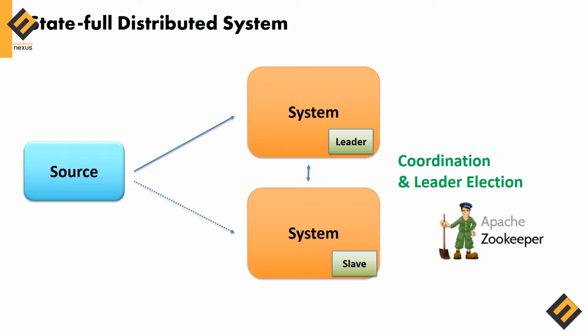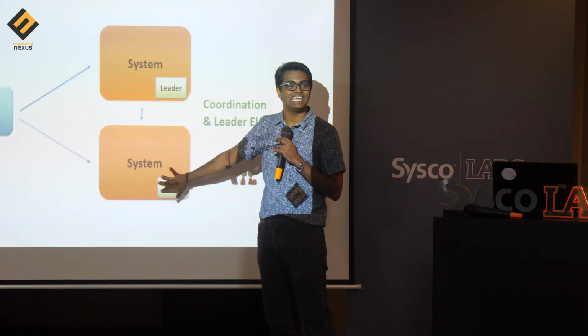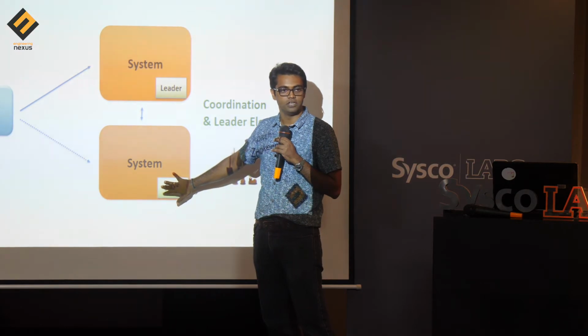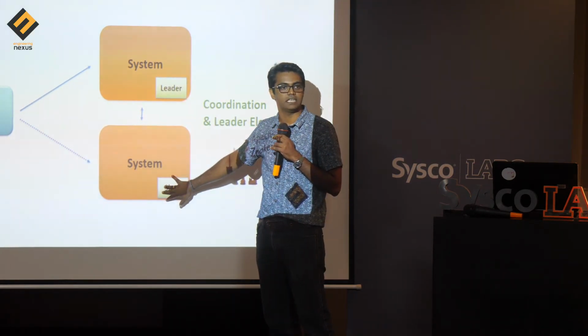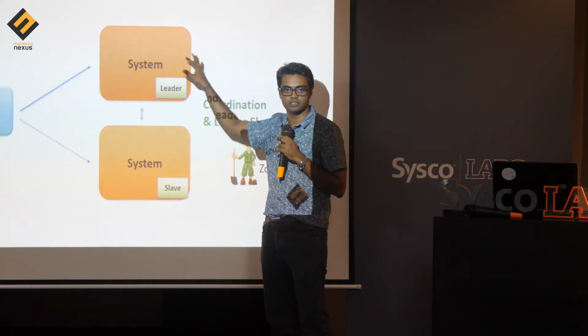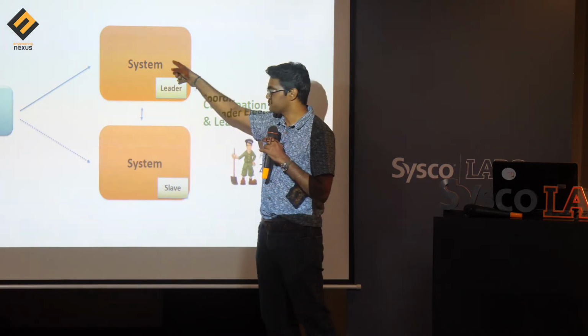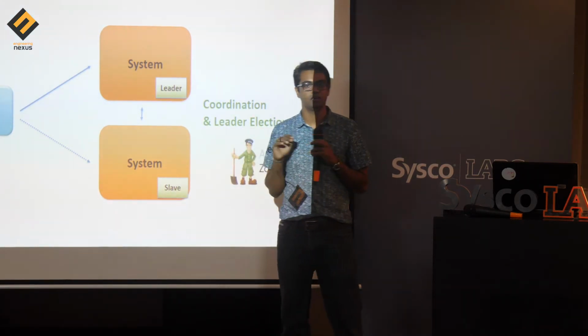The leader will process all the messages, and the leader should also sync the messages with the slave. So if this node goes down, the slave can take over the job, and it knows the last message the leader has processed. So the leader has to process and also update the slave every time.